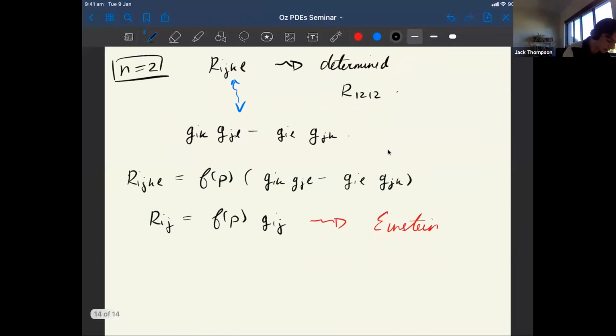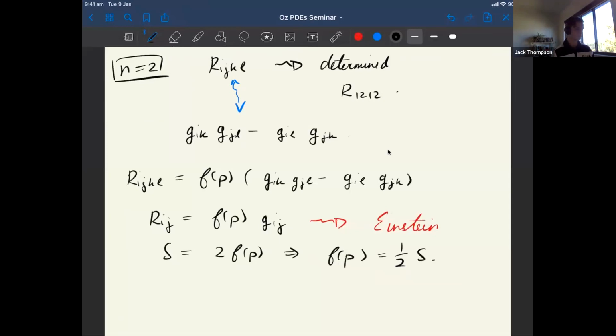And we can also take the trace again to get 2f of p. And so we've calculated what f of p has to be. It has to be 1/2 times the scalar curvature.